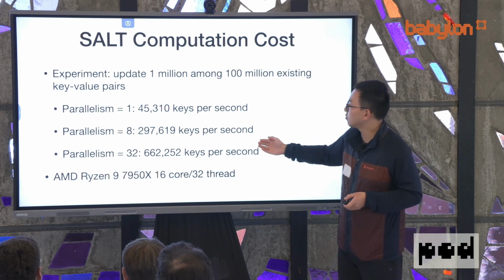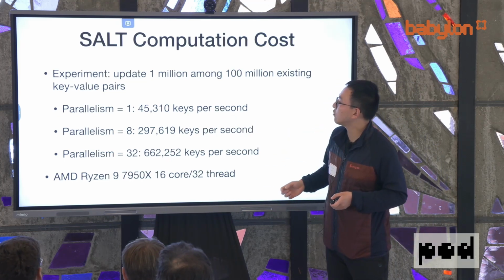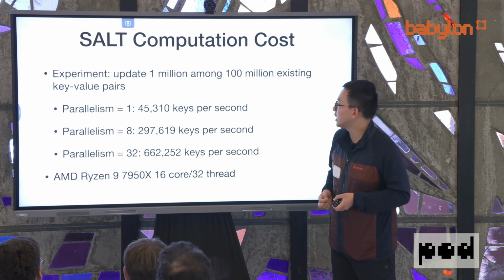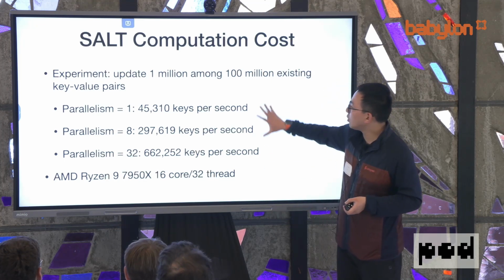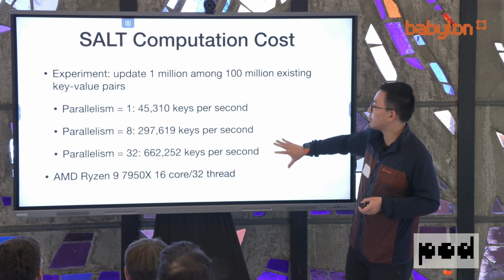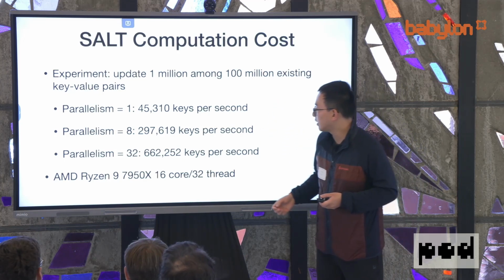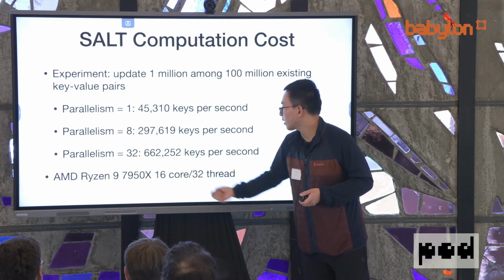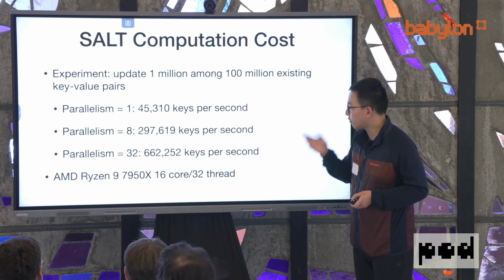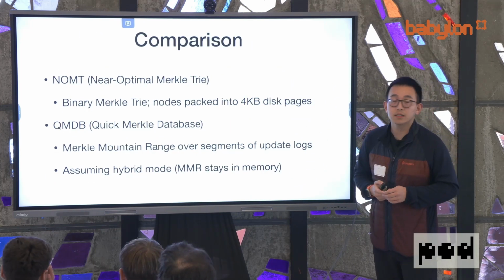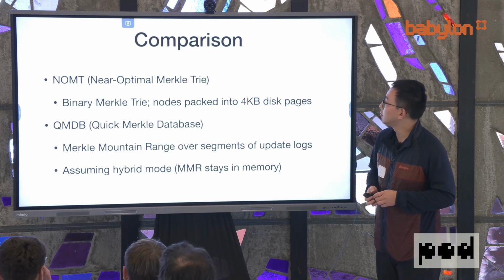So at 1 core, you can do 45,000 keys per second. Again, it's totally compute bound, right? There's no I/O happening. It's only about computing those IPA updates. And we're using a desktop CPU. It's about $500.